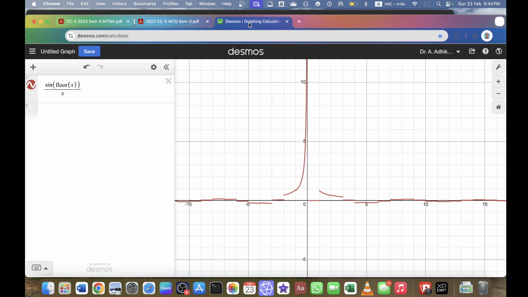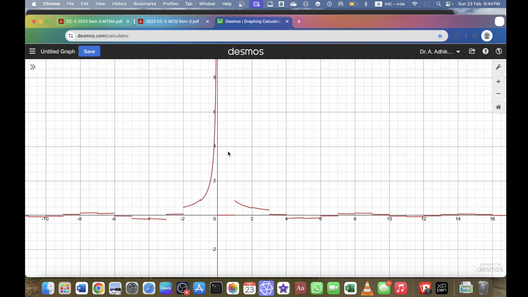If we draw this function in Desmos, sine of floor function x by x, we can see the graph in the neighborhood of 0. From the 0 plus side, sine of box x by x tends to 0, and from the 0 minus side, the left hand limit of sine of box x by x tends to plus infinity.